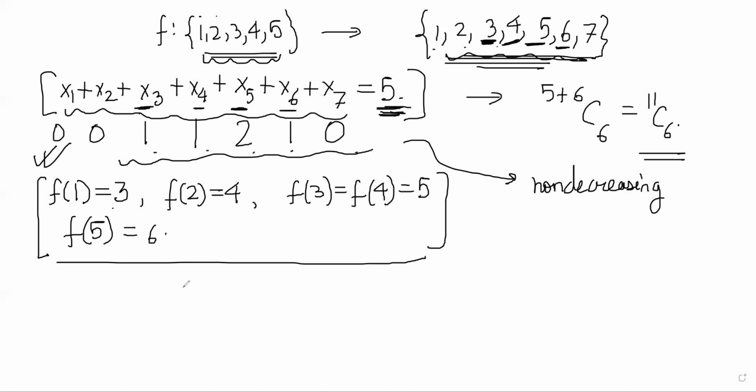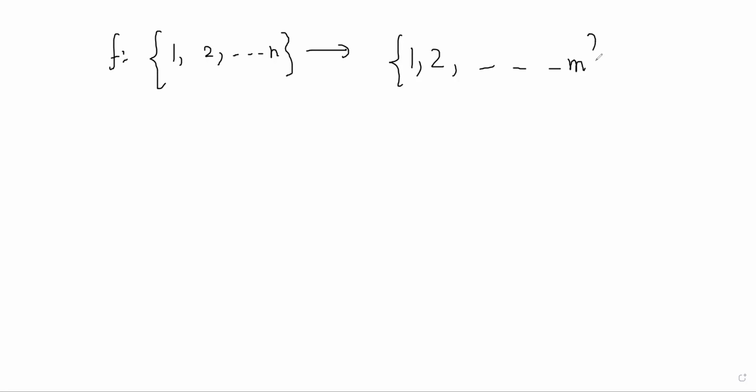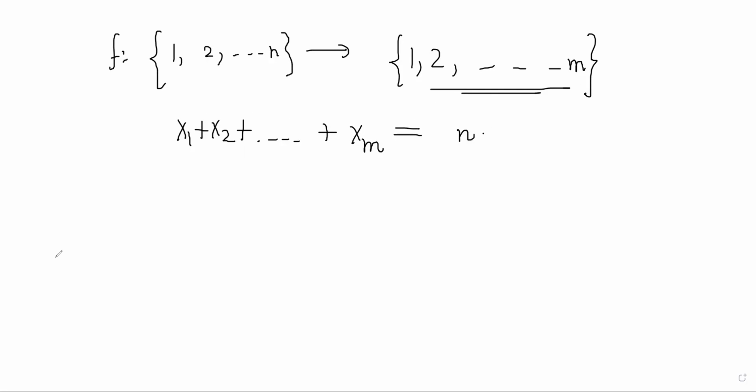So in the general case that we had earlier, we have f from 1 to n to 1 to m, right? In this general case, we have x1 plus x2 plus ... plus xm. All the outputs are thought of as the variables, and the number of inputs here is n, right?